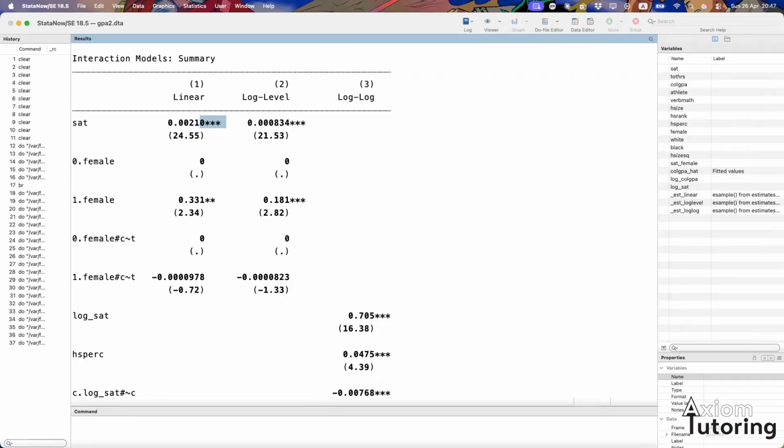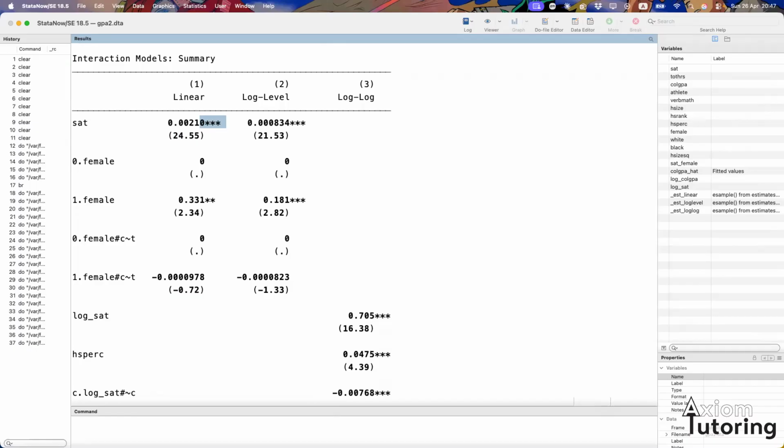The margins and the marginsplot simply turn your interaction models into clear and interpretable, assignment-ready or dissertation-ready results. Keep in mind, these are very simple tools, but still very powerful because they give you a very good overview of what's happening in your model. Very useful, especially if you're running a difference-in-differences kind of estimation, because the kind of code that you would be using would be very similar.